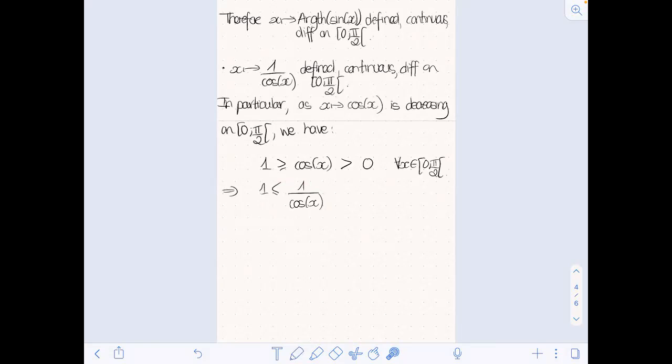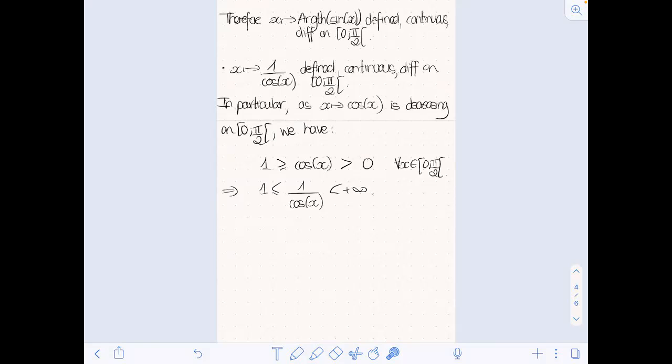If you take 1 over 0, what would you probably end up with? Plus infinity. Yeah, exactly. Here, if you want, you can add plus infinity. If you take 1 over 0, you're above 0, so it's sort of 0 plus, and 1 over 0 plus gives you plus infinity.